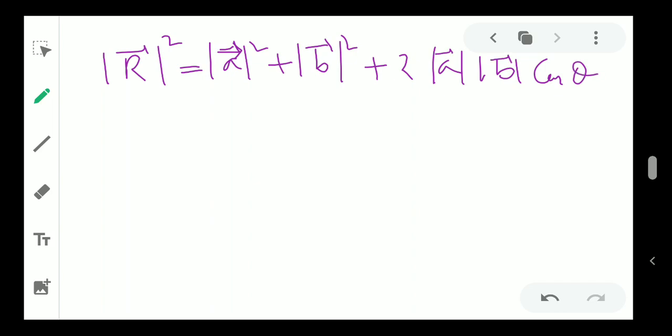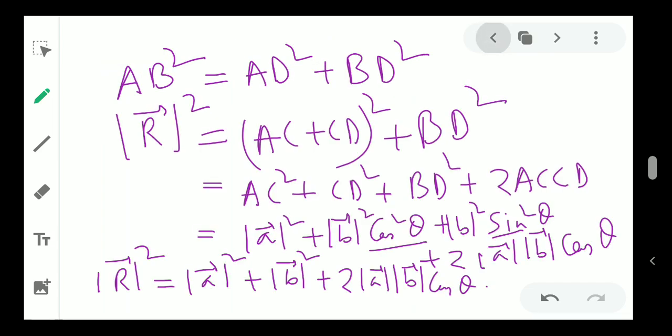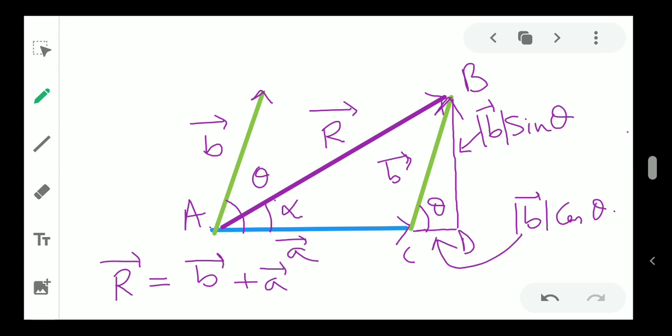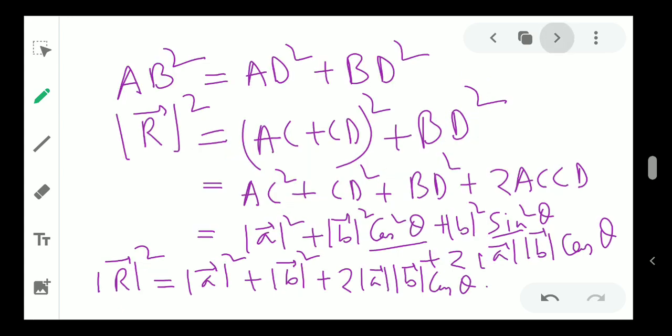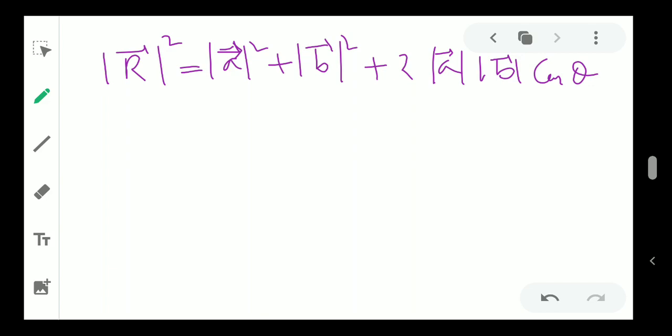So what is theta? Theta is the angle between the vectors that we are applying. So we can find the value of R with this equation.